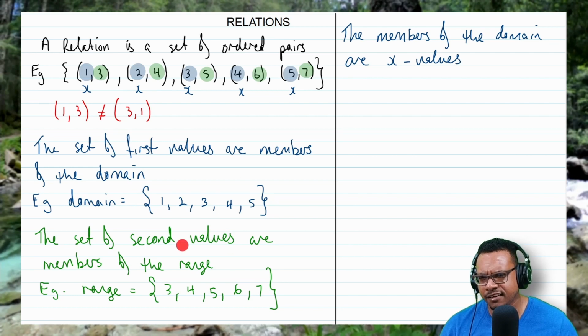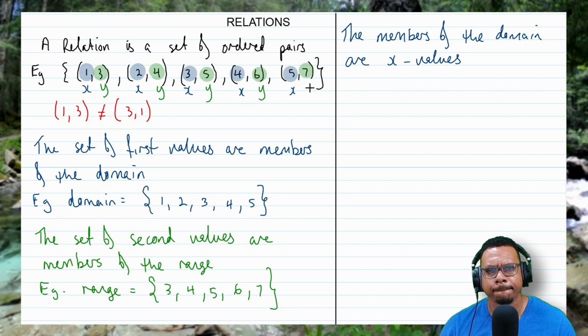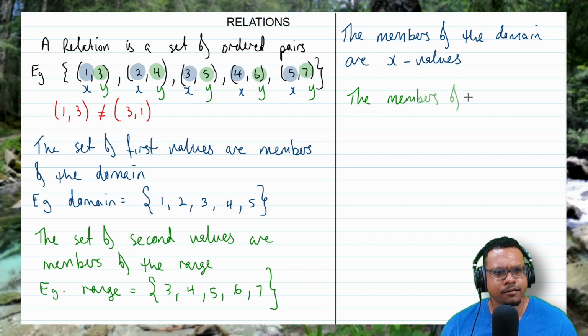And the set of second values, which are members of the range, those are Y values. All right, so I put Y here, here, here. And I'll write the members of the range are Y values.